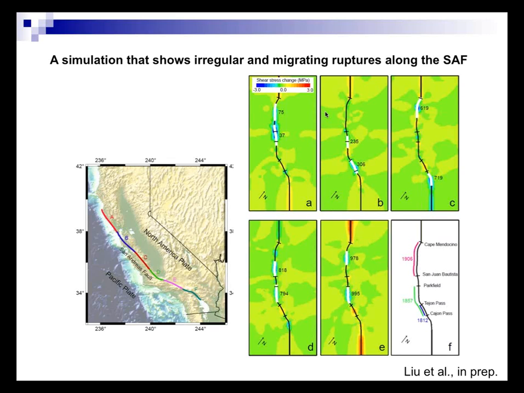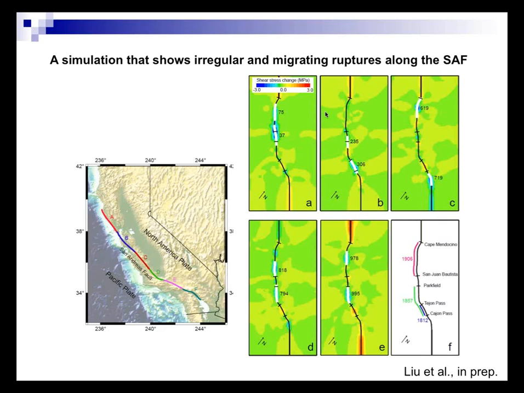So in these figures, a few panels, the white segments are the simulated ruptures or major earthquakes. And the one major feature you can see is that they all stay there, rupture again and again after some time.